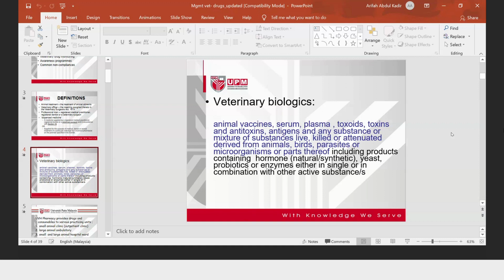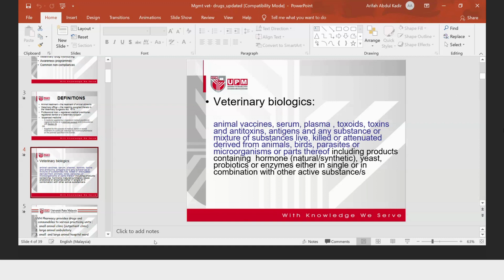And any substance or mixture of this, either live, because like vaccine, there can be live vaccine, killed vaccine, or attenuated, derived from animals, from birds, any parasites or microorganism, or any part, including products containing hormone. So all these are veterinary biologics according to the definition, right? Like yeast, probiotics, enzyme. Actually, I've touched on this during my first lecture.